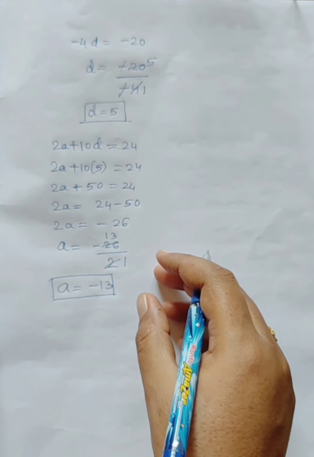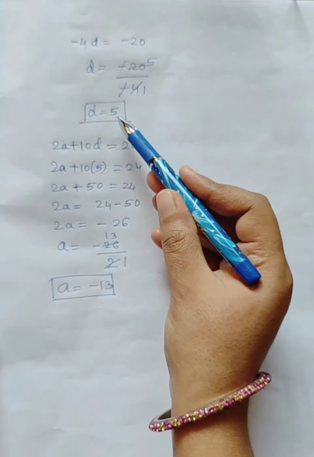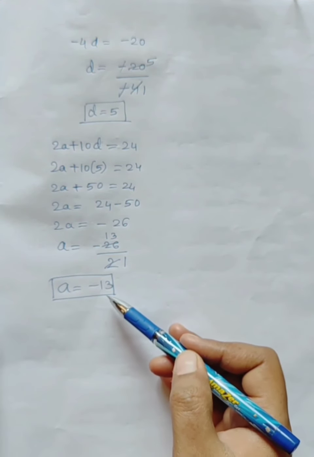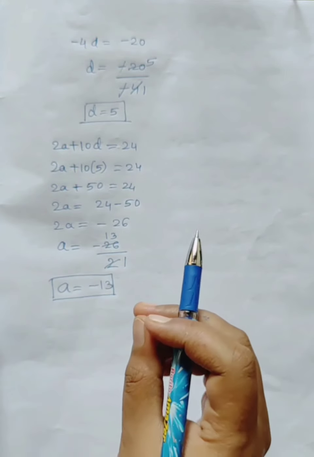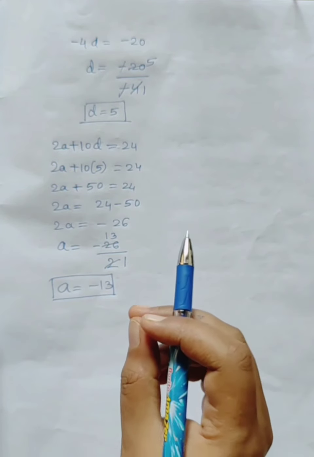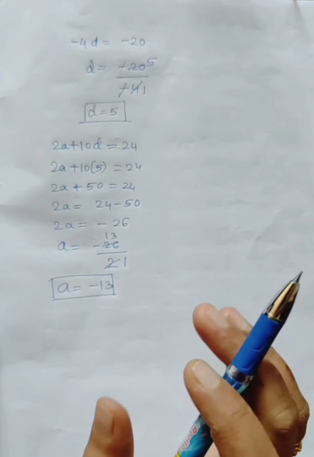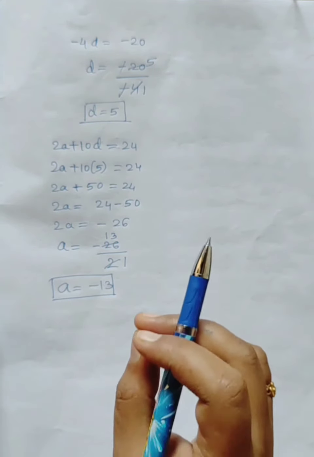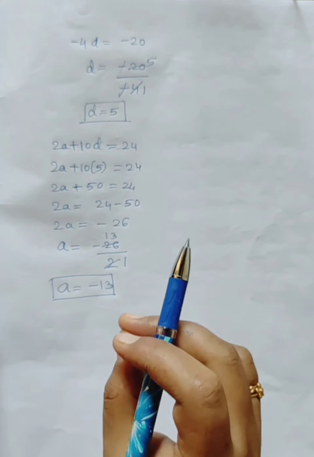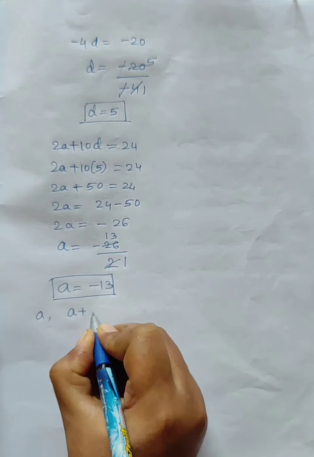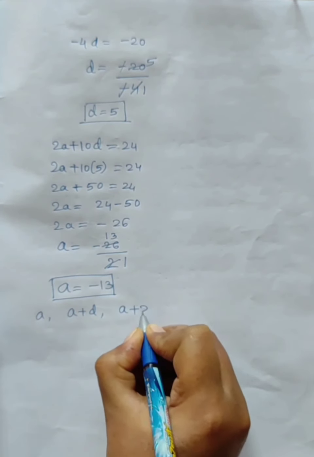So we have got the common difference d as 5 and the first term as minus 13. Now according to the question, they have said find the first 3 terms of an AP. So how are we going to find it? I have already told you the general form of an AP: a, a + d, a + 2d.